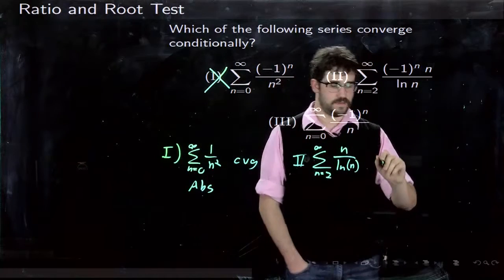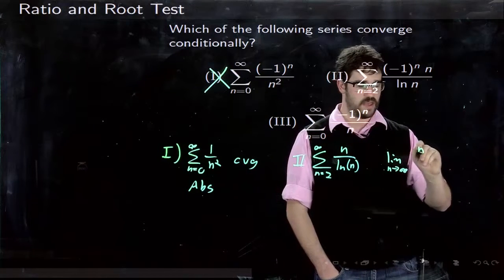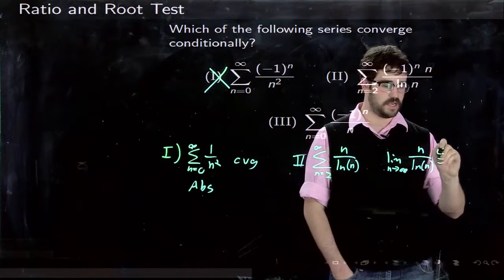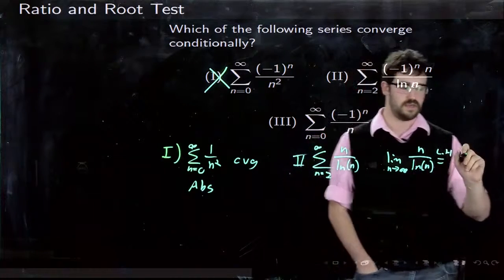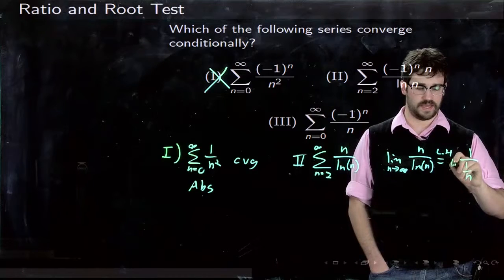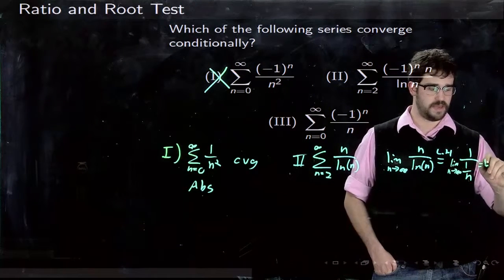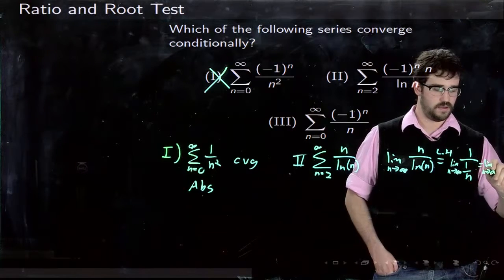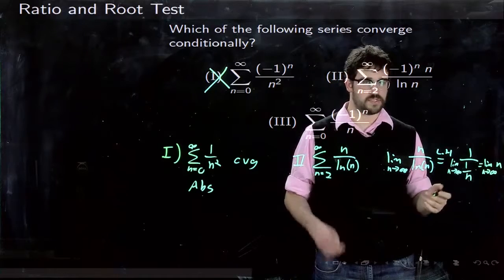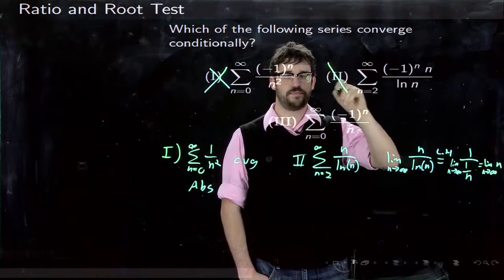Well, let's take the limit as n goes to infinity of n over natural log of n, which, if we use L'Hopital's rule, because we'll get infinity over infinity, we get 1 over 1 over n, the limit as n goes to infinity, which is equal to the limit as n goes to infinity of n, which is clearly infinity, which doesn't go to 0, so this is going to diverge by the divergence test.